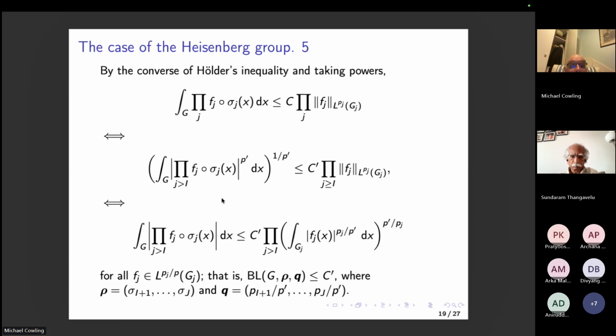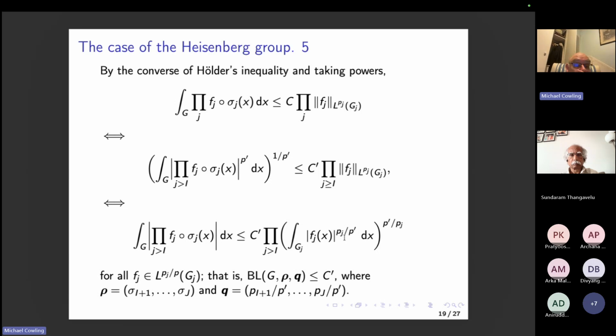And if I change Fj and replace it by Fj to the p prime power, then this is actually equivalent just to getting an inequality for this product. And now I have to make some changes on this side because I've introduced a p prime power.